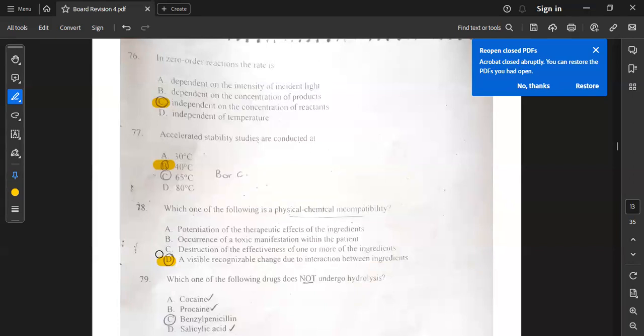I think the above three are all therapeutic incompatibility. B is a chemical, occurrence of a toxic manifestation within the patient. And what about C?